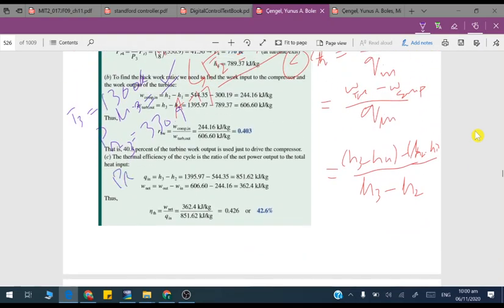So again, same story. PR3 over PR4 equals P3 over P4, and P3 over P4 is 8. We know PR3, so we can put the value 330.9 instead of PR3, and here PR4. Now you can determine PR4.